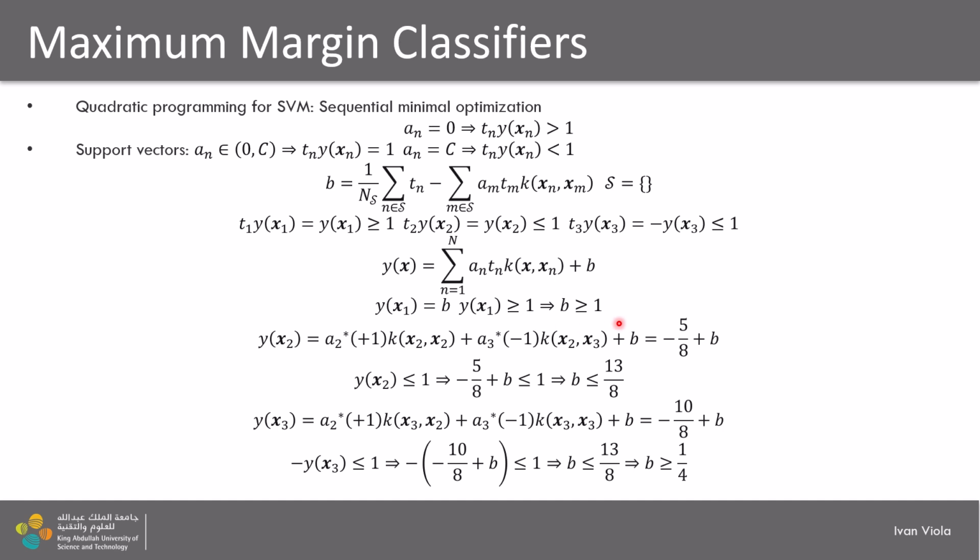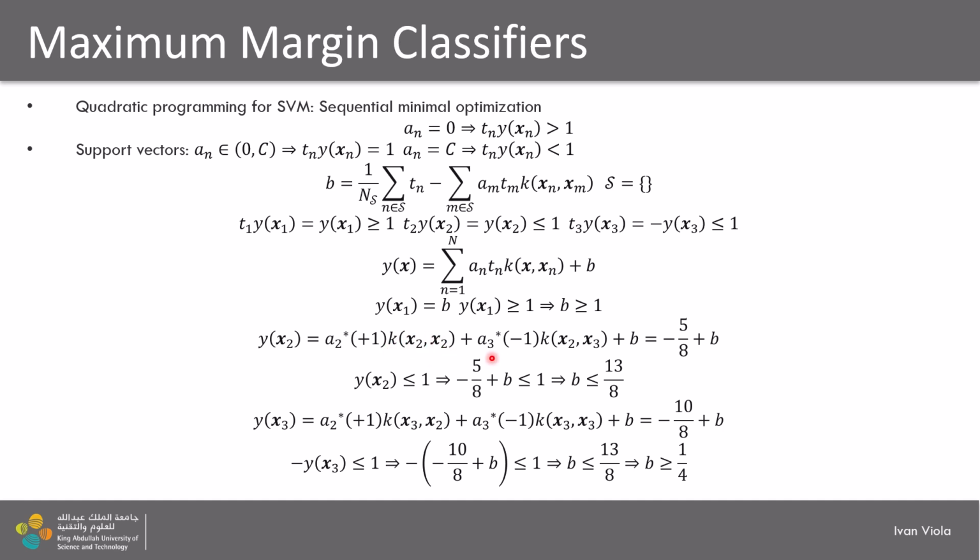So, for the second point, we have the formula here, and we reformulate this so that we can more easily see the values. So it's a2 star, meaning the 5/8, and then we have +1 associated with the a2, and then we have the kernel of x2, which is equal to 1.